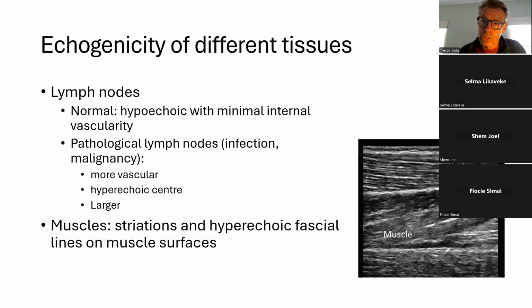So lymph nodes are usually black, hypoechoic, and they have a small capsule surrounding them, and they have a little bit of vascularity. But if they're pathological, then they're either larger or they're more vascular. That is, they have more blood vessels within them, or they sometimes have a hyperechoic center with some debris inside, etc.